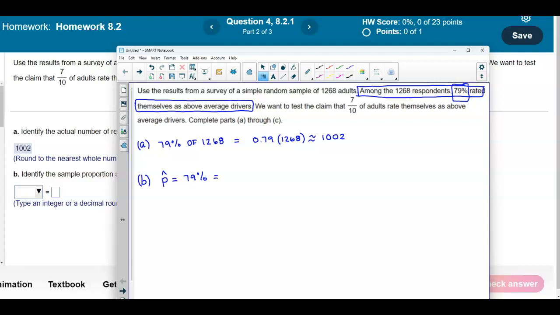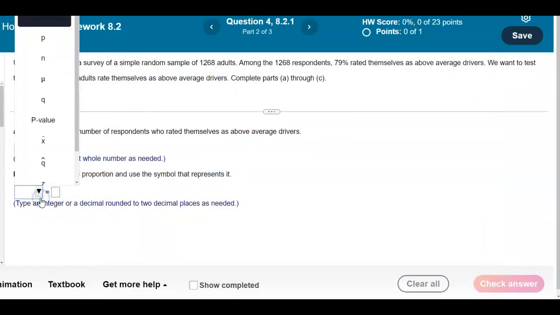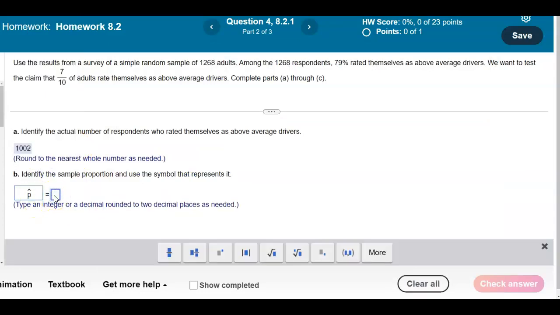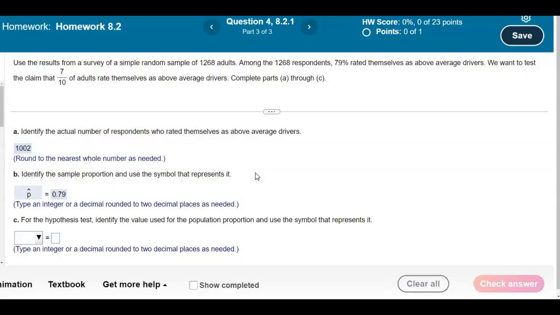But we want to convert that to a decimal, so that's 0.79. So the point estimate of the population proportion is equal to 0.79. So the point estimate is p hat here, and we know it's going to equal 0.79, and there is our result.